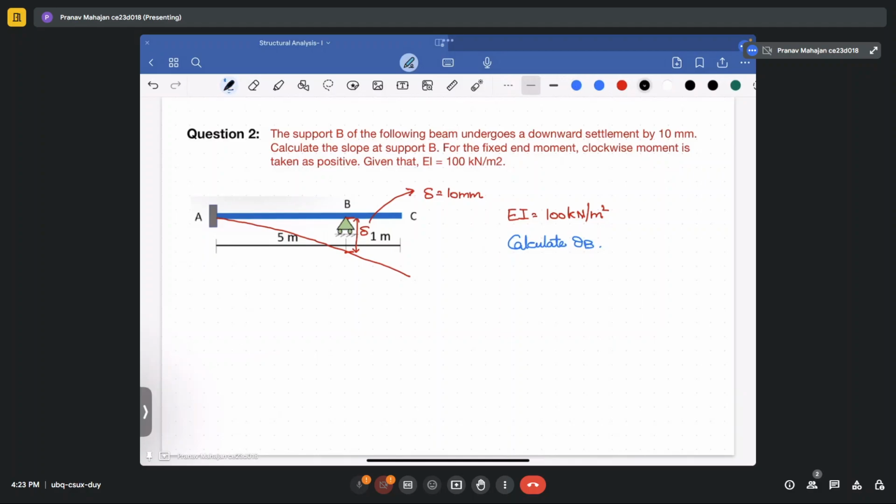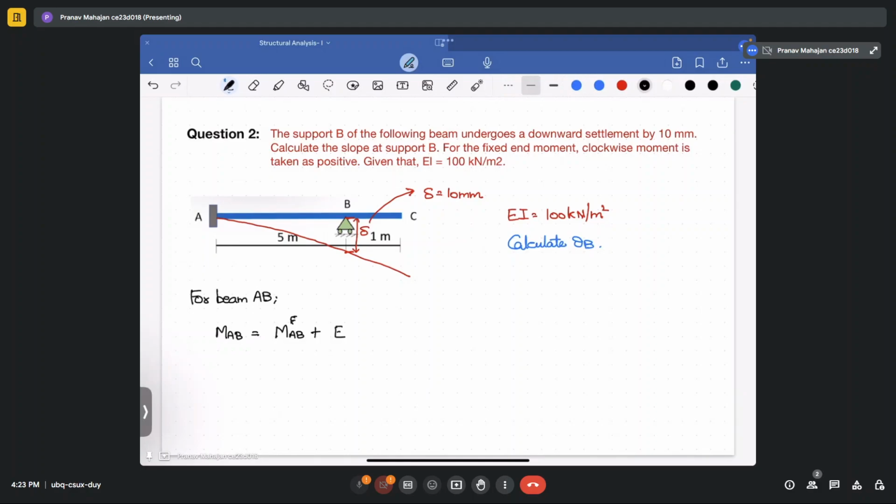So let's write, for the first beam, that is beam AB, MAB is given by MAB fixed plus 4EI upon L, or I will directly write it as 2EI by L. That will be easy for you to understand.